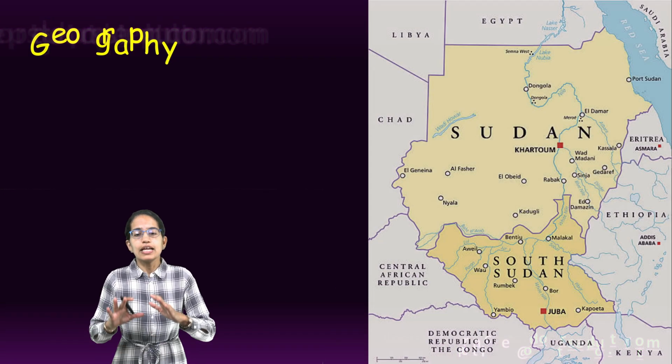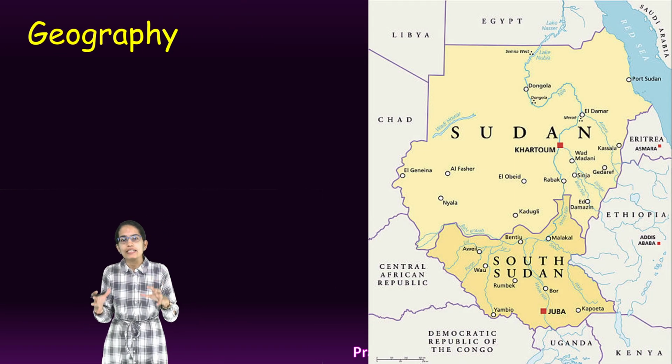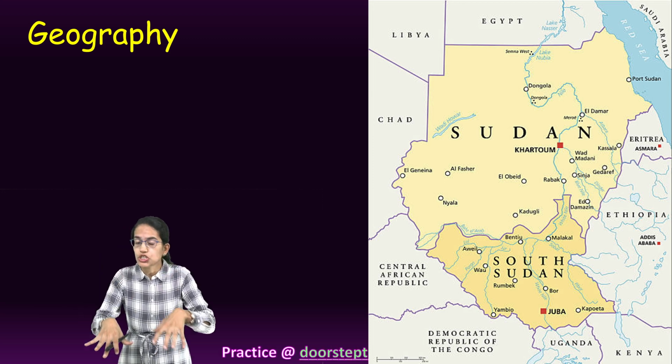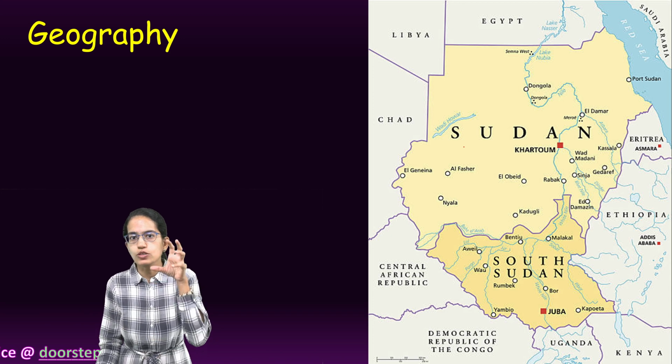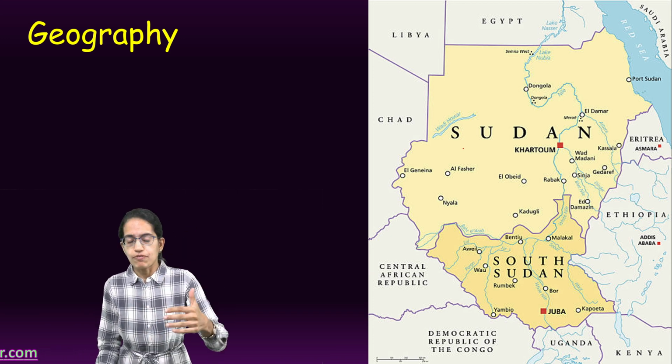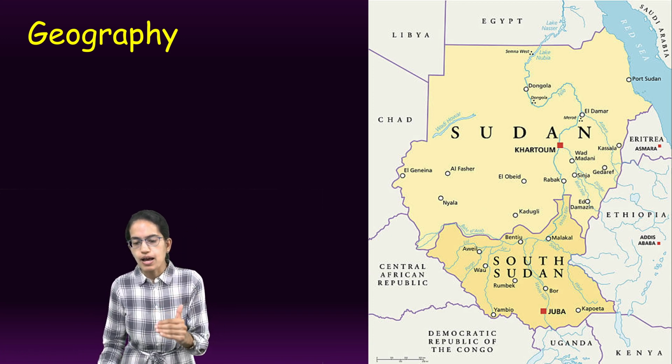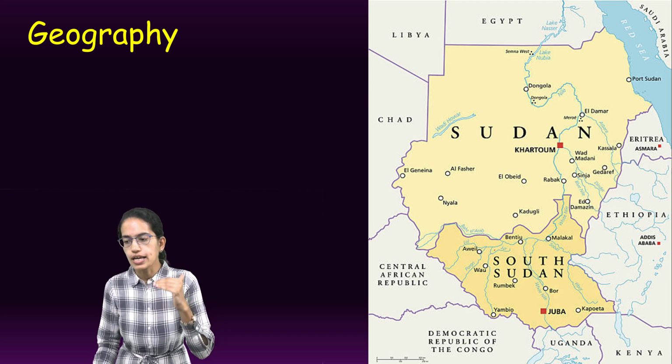So to begin with, let's understand the political structure within the spatial dimensions in geography of Sudan. As you can see, Sudan is one of the countries from Africa. As you can see in the map, there are two nations, Sudan and South Sudan.